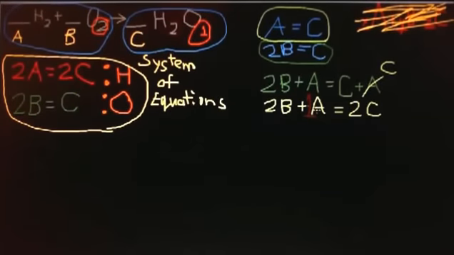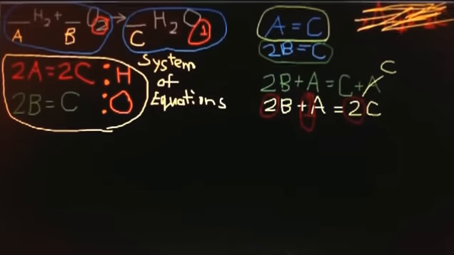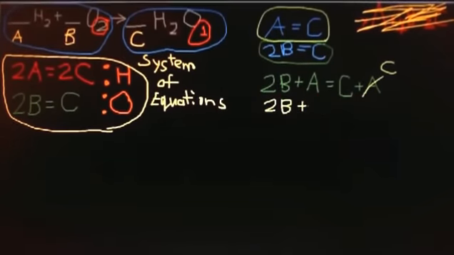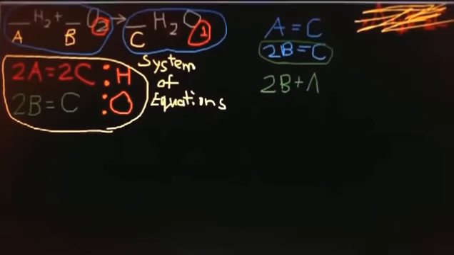Now if we just put these three values in for their corresponding coefficients, then we'd get a 2 here, a 1 here, a 2 here, and a 2 here. Okay, for 1, the hydrogens don't match up, and 2, the oxygens don't match up. So that obviously doesn't work. Okay, scratch all of that. All the way back to here.